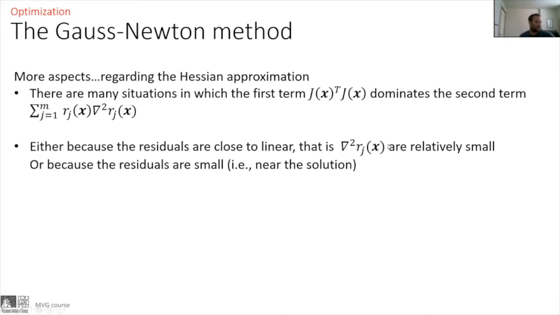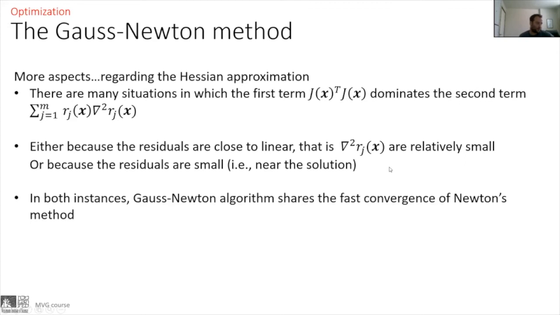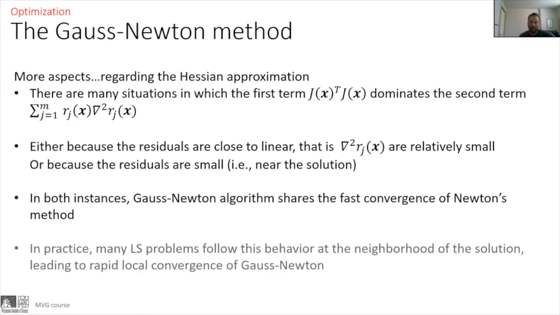And if it's close to a linear function, the Hessian, or the second derivative of R, is small, right? In general, without going into details, the Gauss-Newton algorithm shares the same convergence rate as the Newton method.